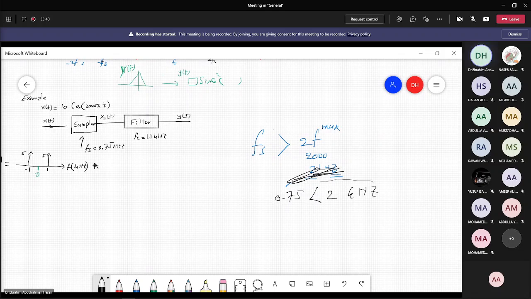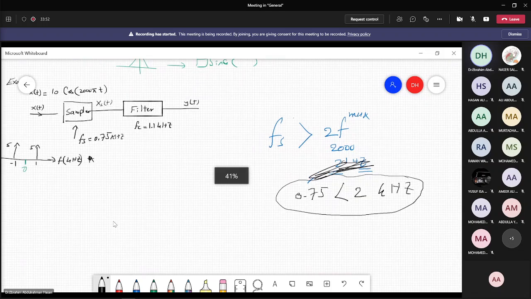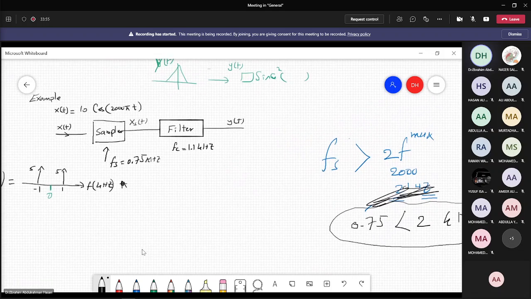So then for sure there will be overlap. I cannot reconstruct it, but let me see graphically what will happen.